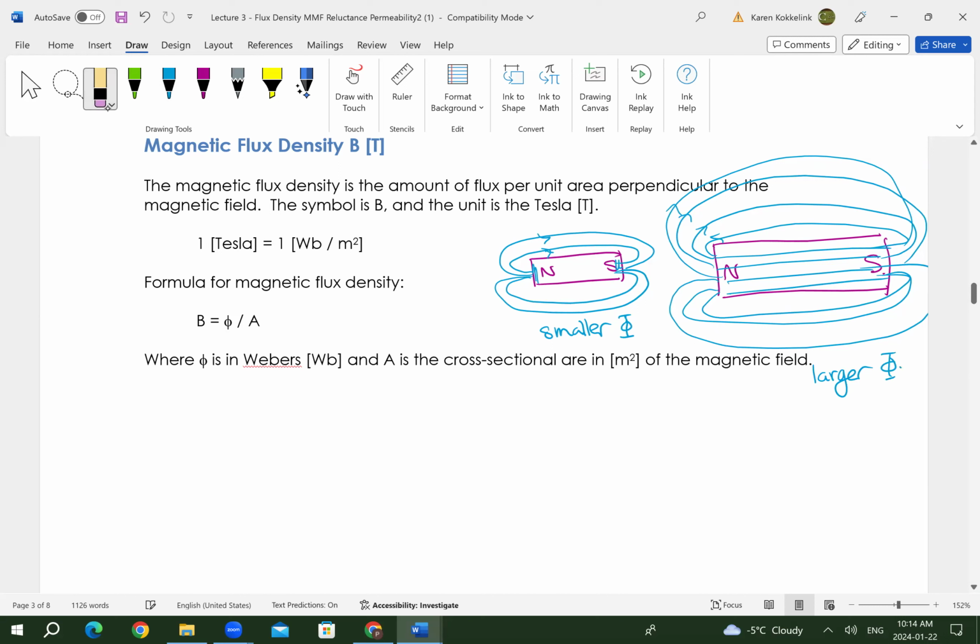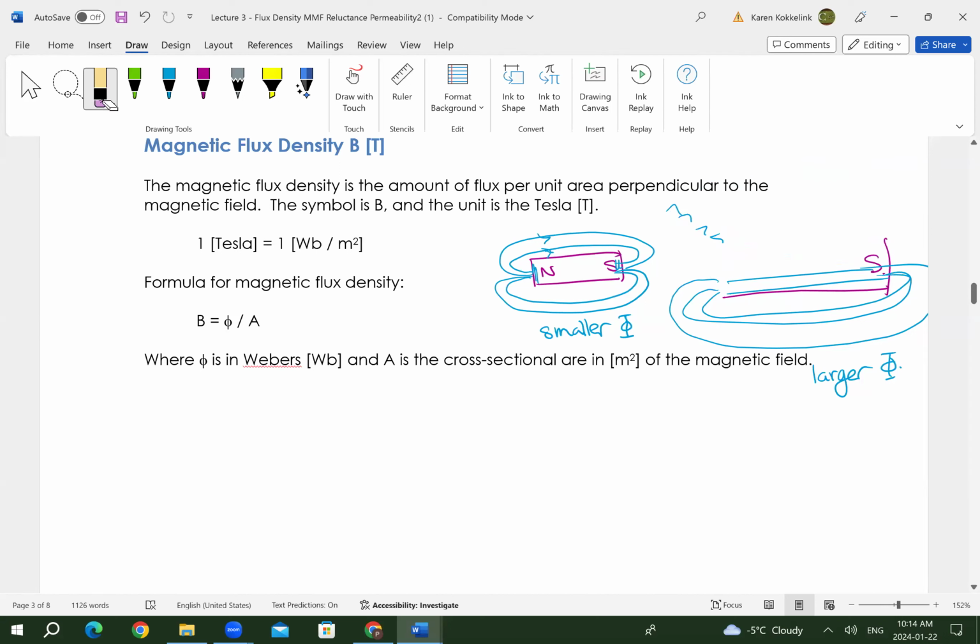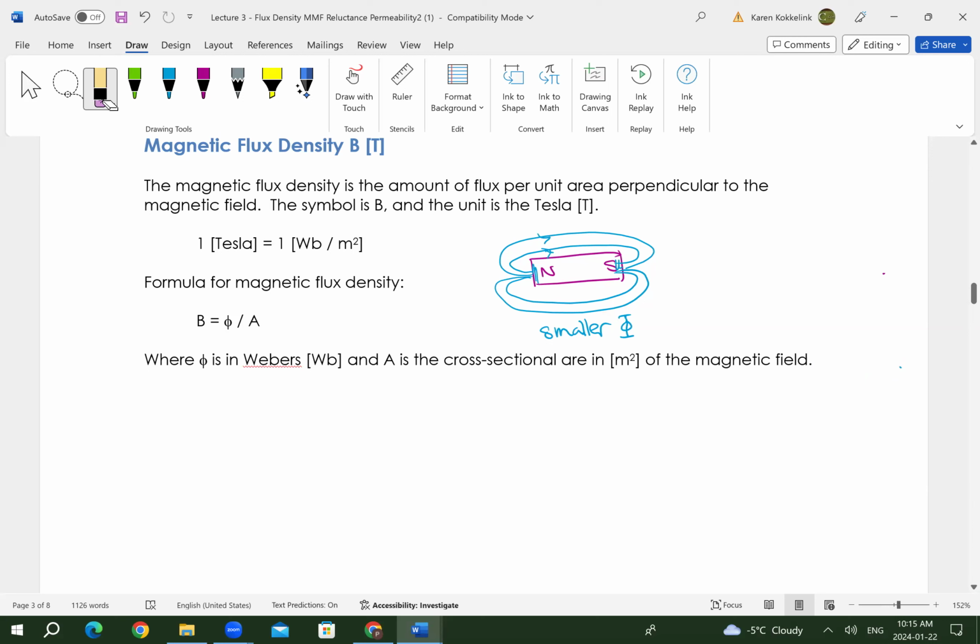So let's look at these two things. Actually, you know what? I think I'm going to change my mind, and I'm going to make these out of two different materials, two ferromagnetic materials, and they're going to be a similar size magnet.